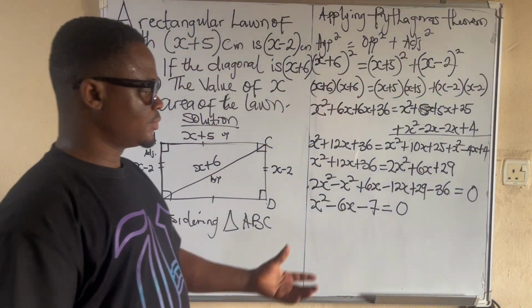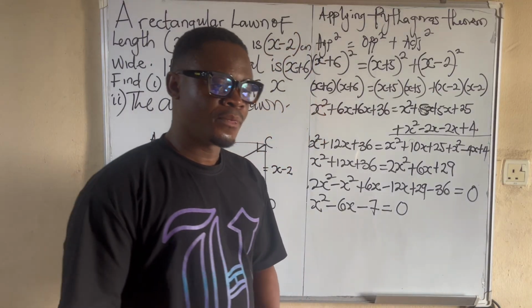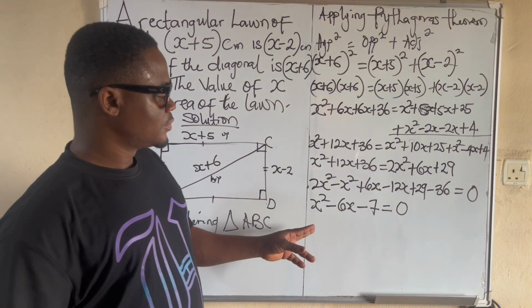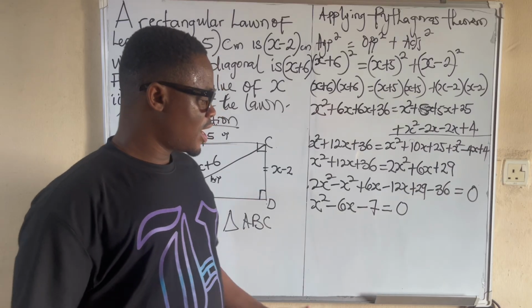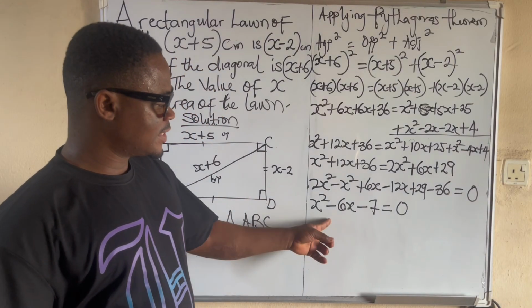So with this, can we factorize this? I believe we can. So what are the two numbers that, when you multiply them, you have negative 7, and when you add them, you have negative 6?